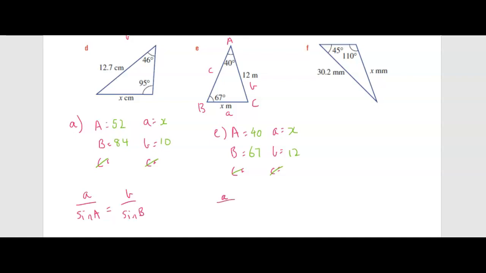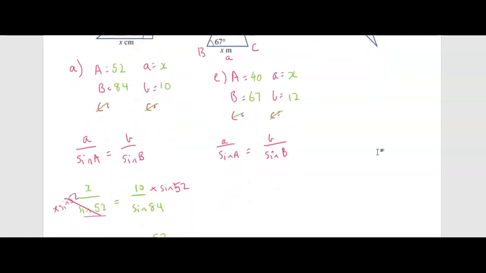So A over sine A. Remember, I'm putting my unknown first. So my unknown is lowercase a. Keep consistent with your lowercase and your uppercase letters. So my lowercases are on the numerator. So X over sine 40.